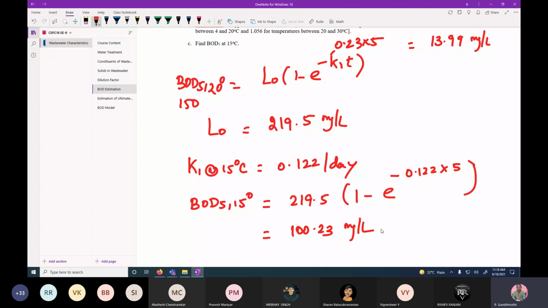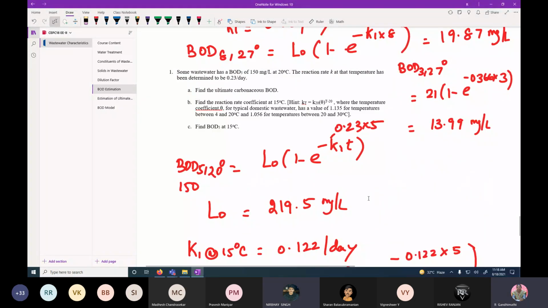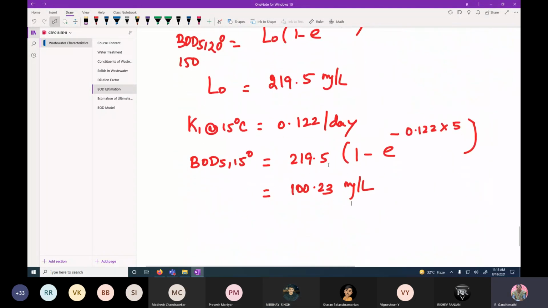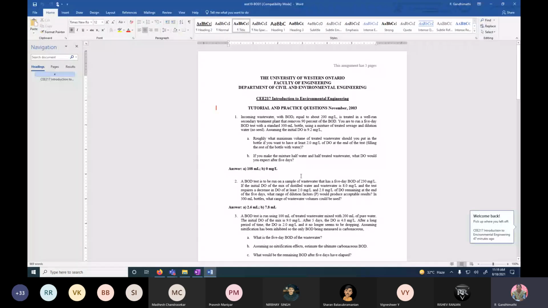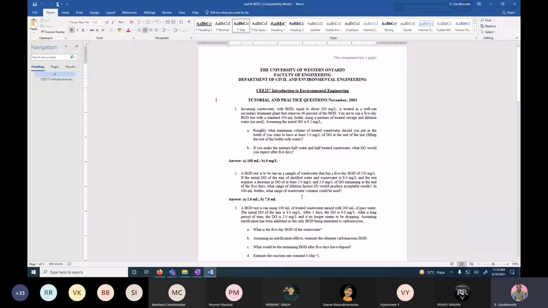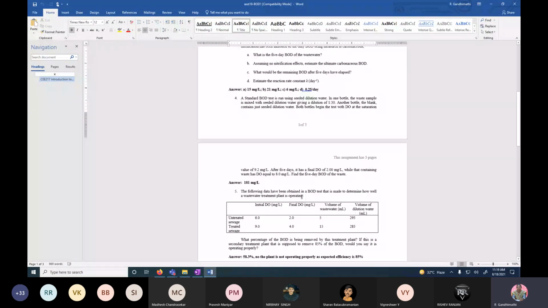Is it clear? Yes, ma'am. Yeah. I will project some more problem. BOD has not been given directly, it is given in terms of the dilution factor.